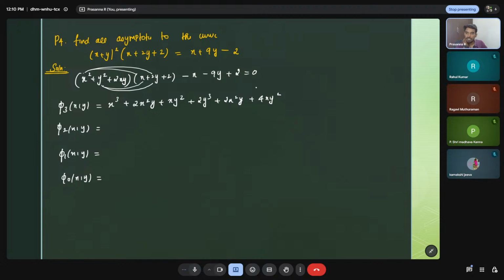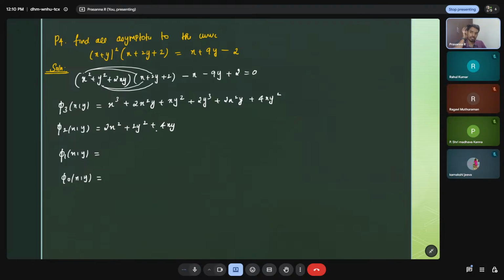All these are degree 3. Degree 2 will be x square, x is degree 3, this degree 3 again. So 2x square will be degree 2, and y square x, 2y cube, and then 2y square, and then here we have x square y, and then we have 4xy.